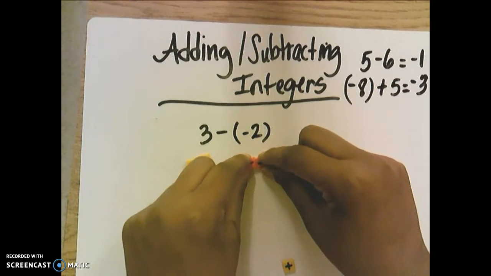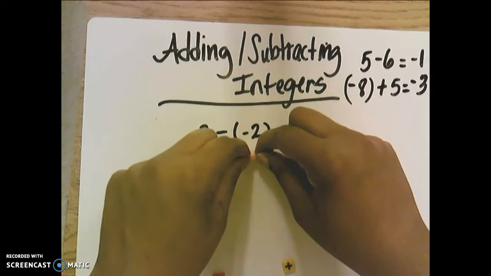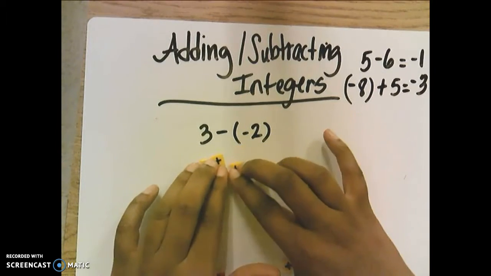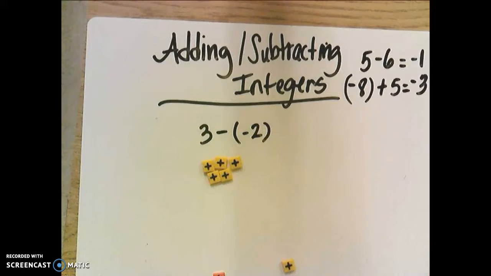You get around 2 negatives, and those 2 tend to get happy. So we're going to turn those 2 over. So 3 minus a negative 2, what do we have left? Put them together. A positive 5.